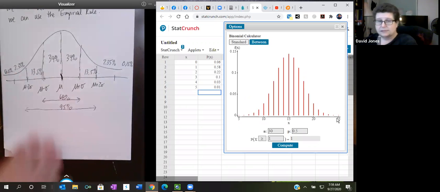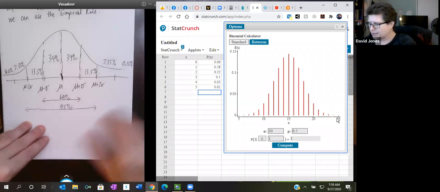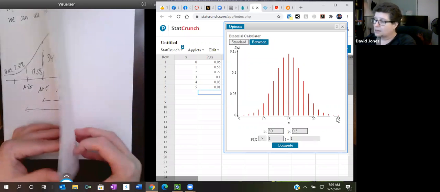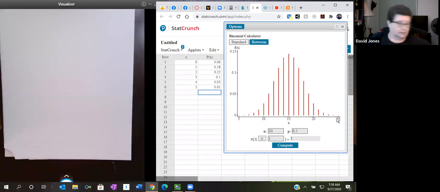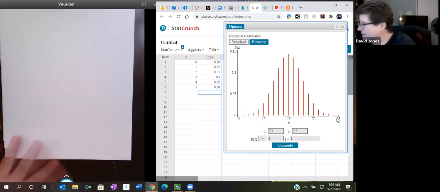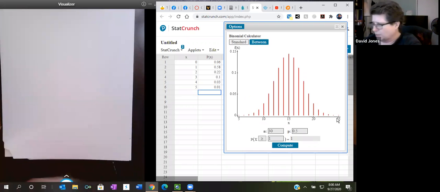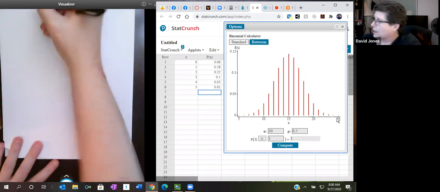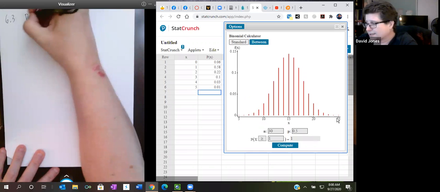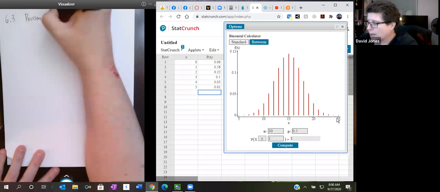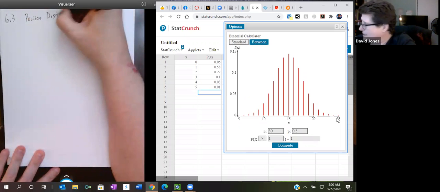All right. Finally, 6.3, Poisson distribution. Pen is dead. I need another one. There's a new black pen. All right. So 6.3, the Poisson distribution requires a Poisson process.